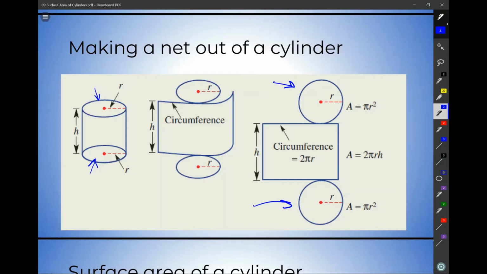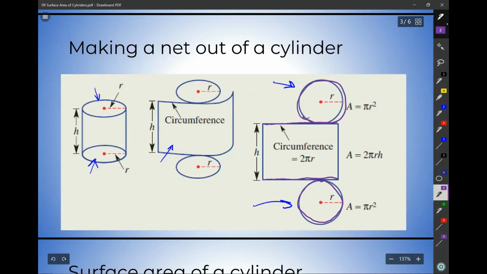And now we're turning the whole of the sides of the cylinder into just a flat rectangle where this line is the circumference of the circle, which is this distance. And these lines here are just the height of the cylinder.